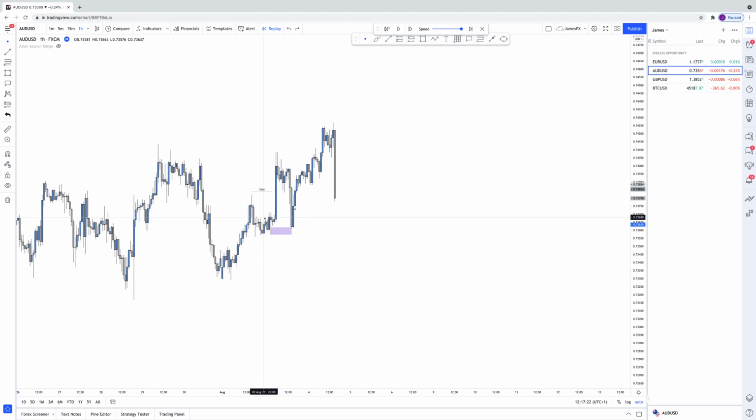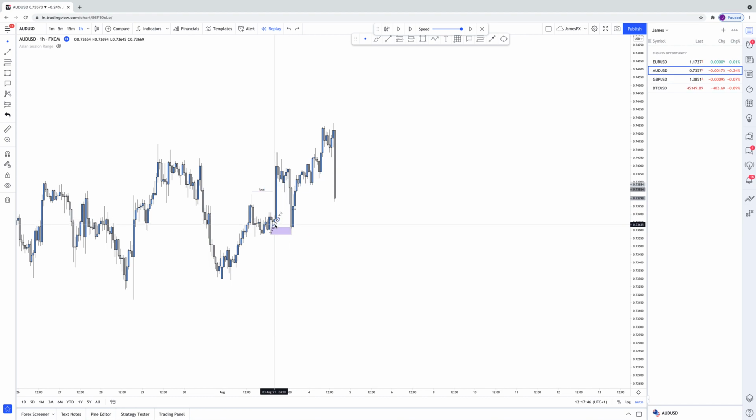We always know that when we have a wick like this, there's always something within that. And it happens that on the 15-minute time frame there was a bit of liquidity just below these lows here, and price swept that liquidity and we came in, you can see, quite aggressively.